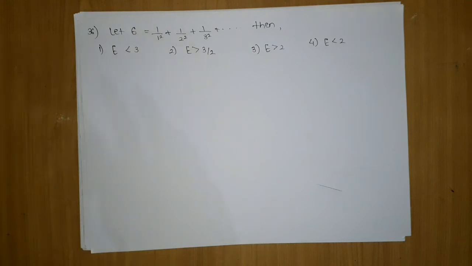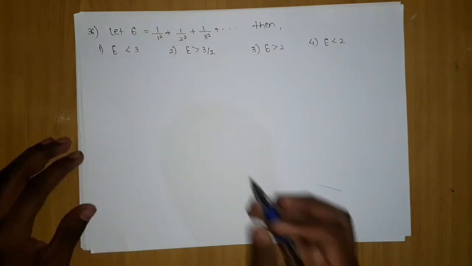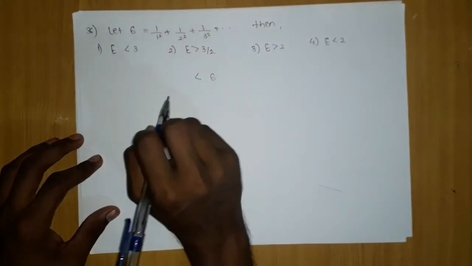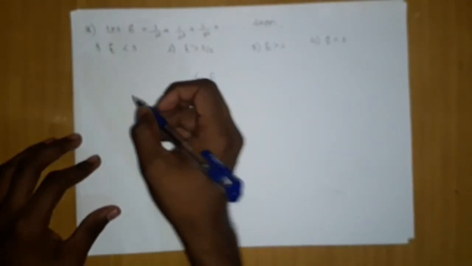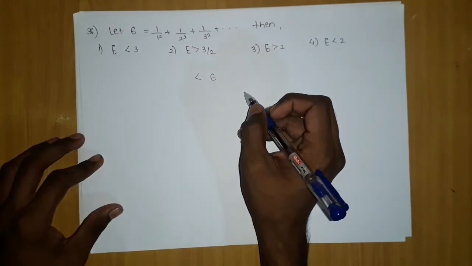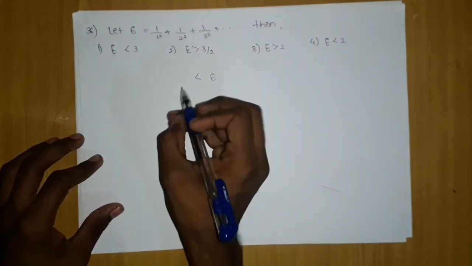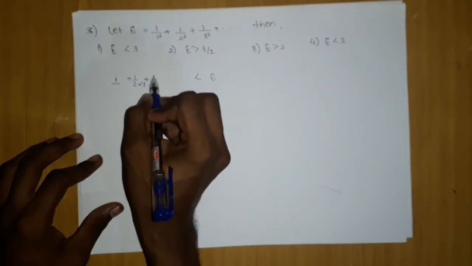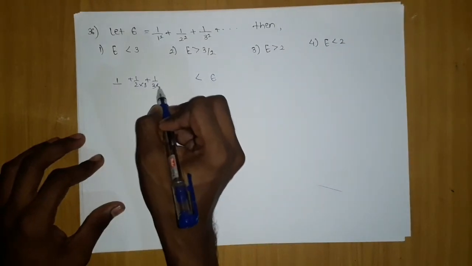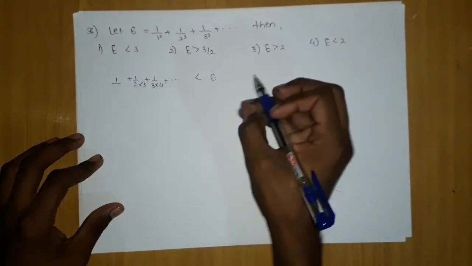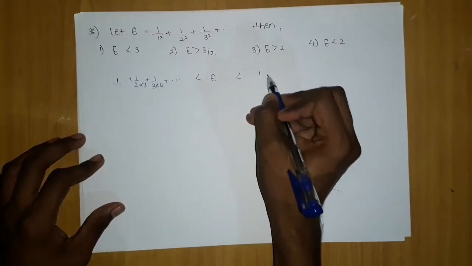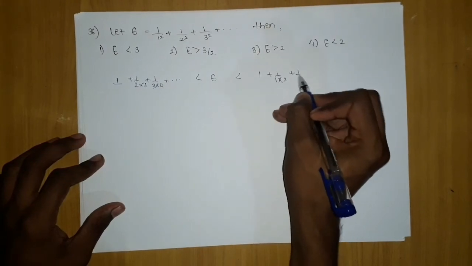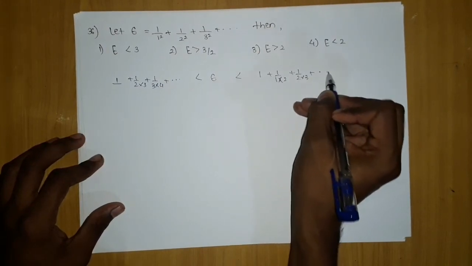So now for this question particularly, you should know a relation that this series e lies between two series. Which series? It lies between one series which is 1 upon 1 plus 1 upon 2 into 3, and 1 upon 3 into 4, and so on, and 1 plus 1 upon 1 into 2 plus 1 upon 2 into 3, and so on.